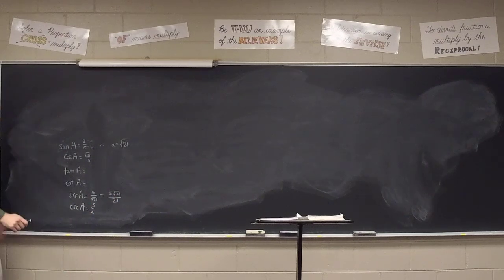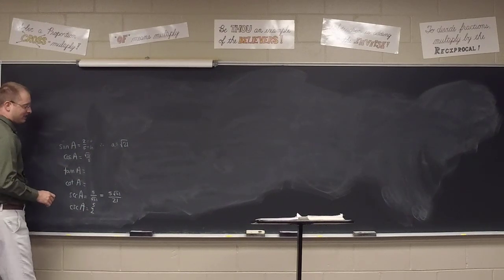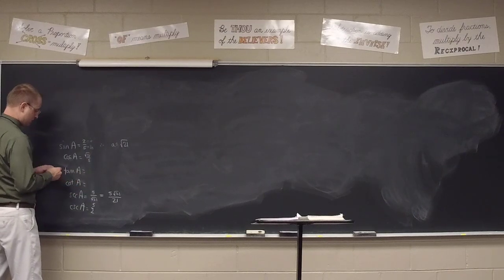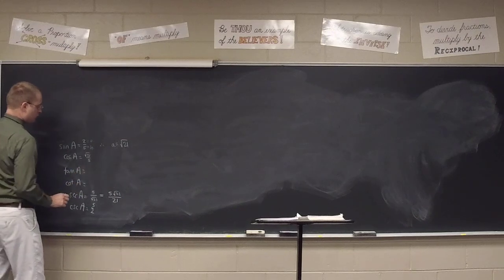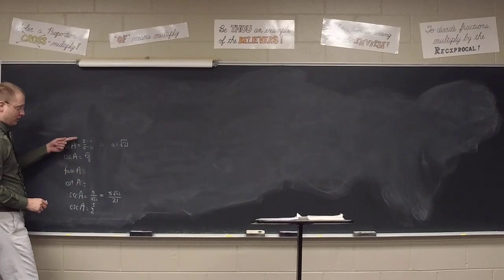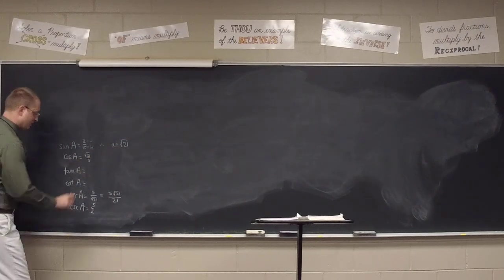For the tangent of A, tangent's what over what? Opposite over adjacent, which in this case is going to be, no, I looked at the wrong one. 2, 5. Opposite over adjacent. There's opposite, there's adjacent. No, I had mine wrong.